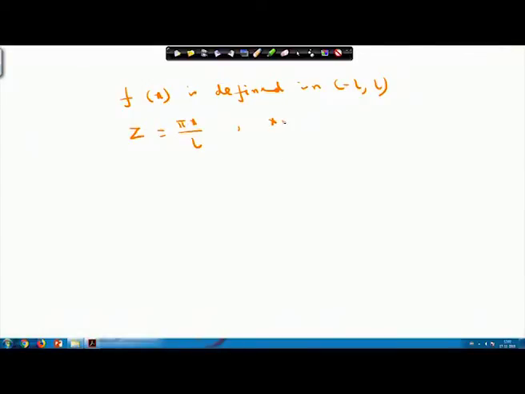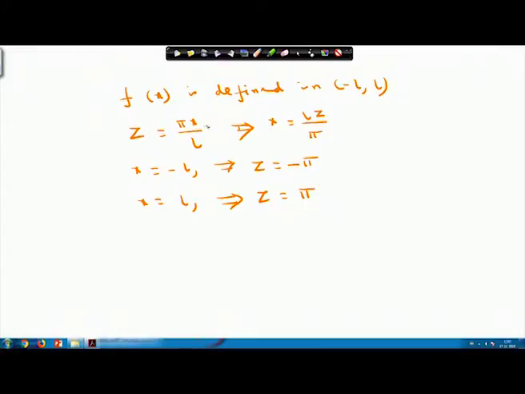So, from this you can write down x equals L z by pi. And also if you see, as x equals minus L, z will be equal to minus pi, and whenever x equals L, then if you put it, z equals pi.